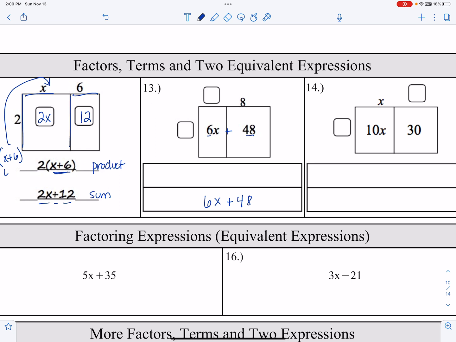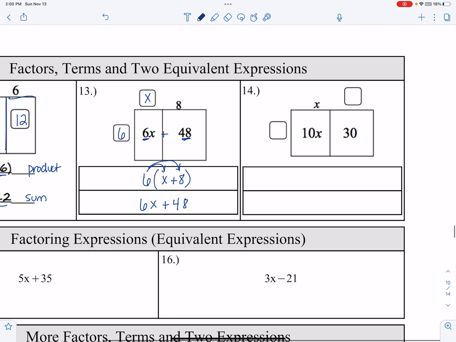Then let's pull out the 6. Can I divide 6 from that number and that number? I can. So I pull out the 6, and I end up with just an x here, and I end up with 8 there. So we have 6 times x plus 8. You can always double check your work and distribute, and you see 6x plus 48.